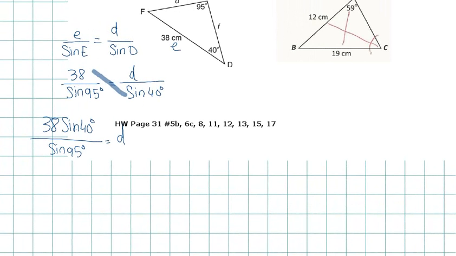That's right. Maybe check if it's not in degrees. So it's 38 times sine 40, and then we divide by sine 95. Got it?